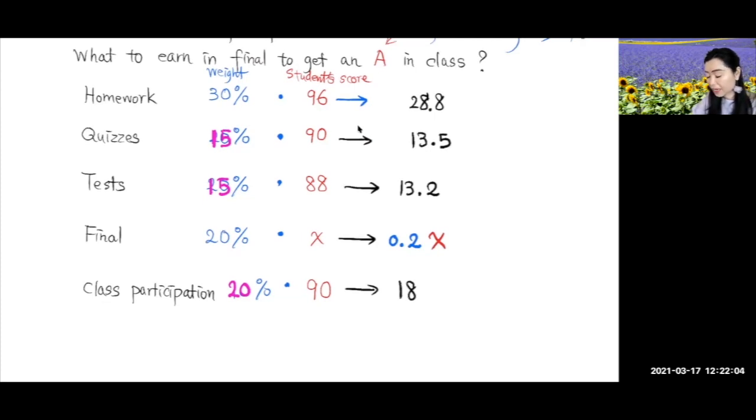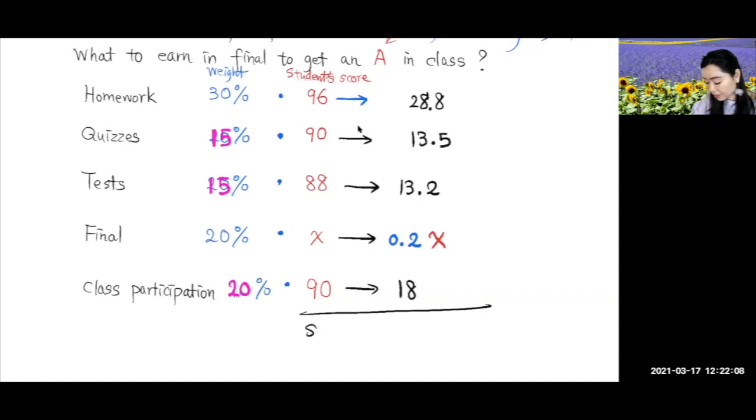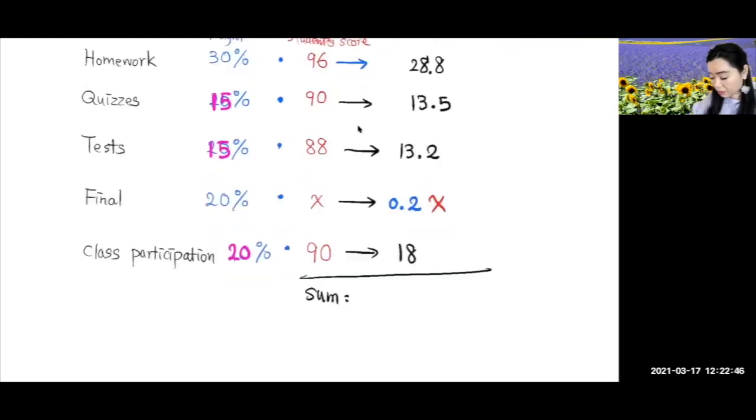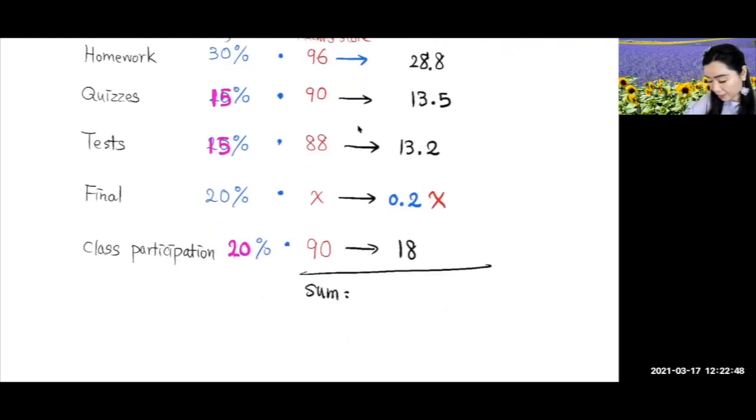Yes. Now you're going to add them up. You sum them up. So add this, add this, add this. Tell me what you get. Do you get 73.5? Yes, 73.5, and then you're adding 0.2x, right?